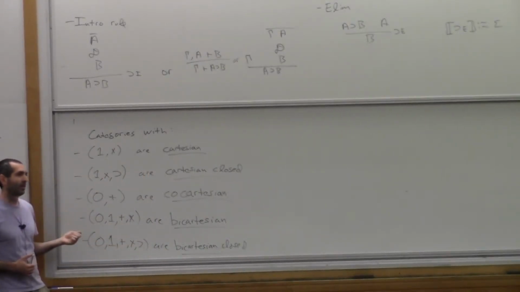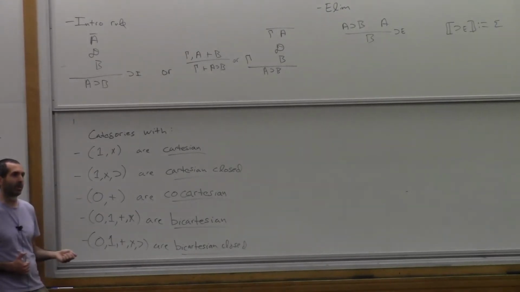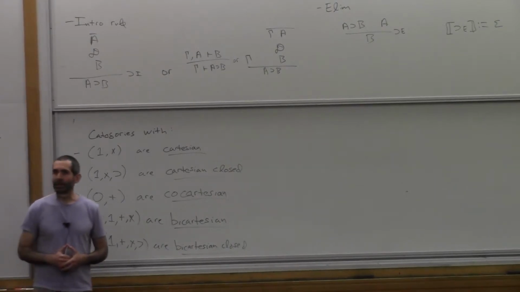But I have not yet shown you that such a category also interprets the derivation conversions that Frank showed you. That is the local reductions and the local expansions. So that's coming. But at least for the introduction and elimination rules, yes, this is what we need. Anything else?